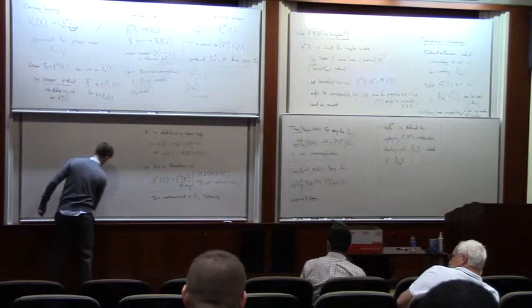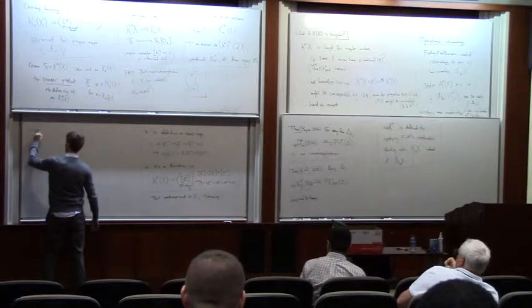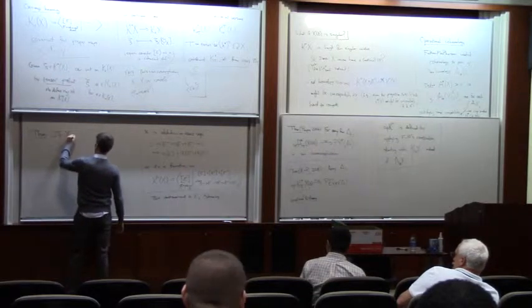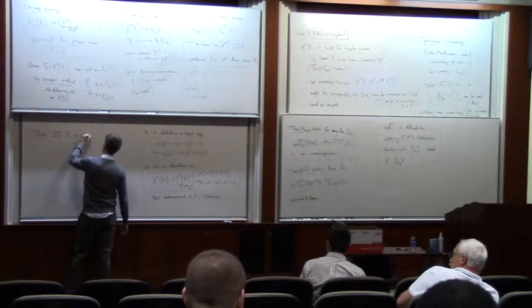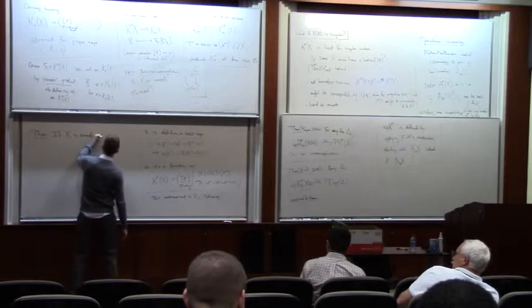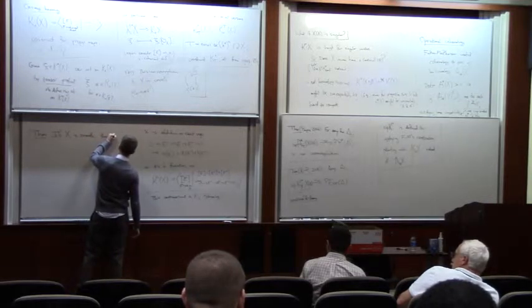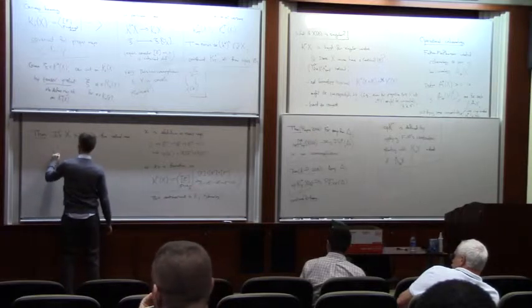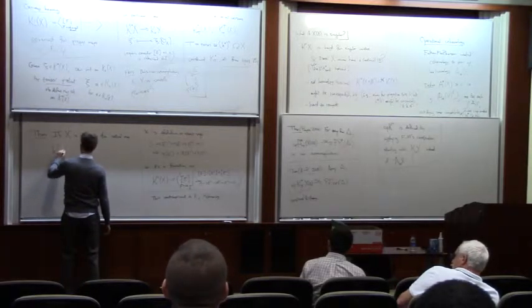So it turns out to be, so if X is smooth, the natural map, and you can do this with or without the torus.